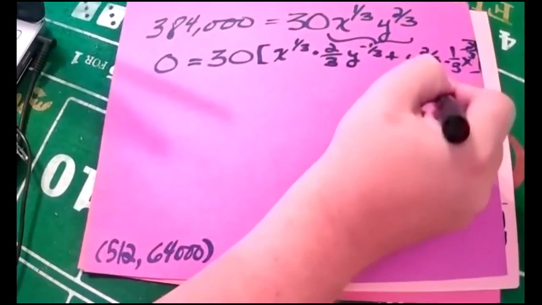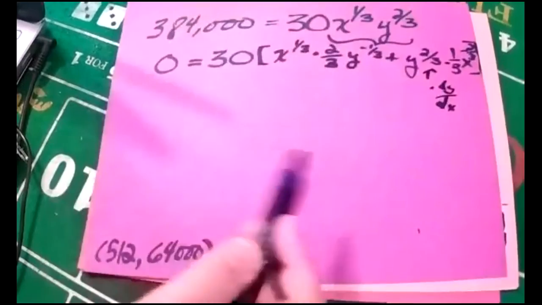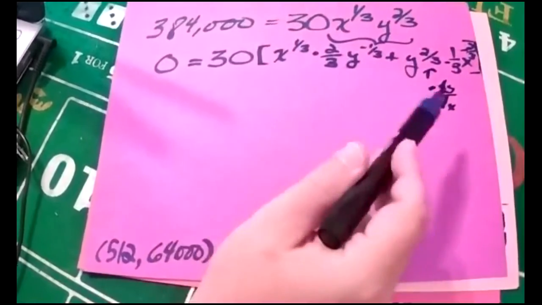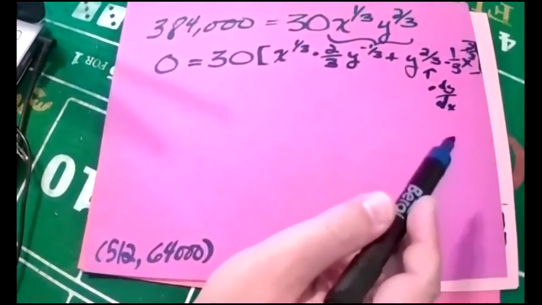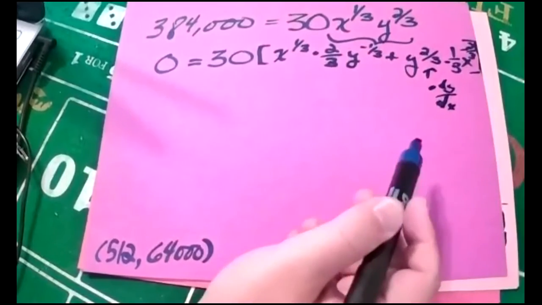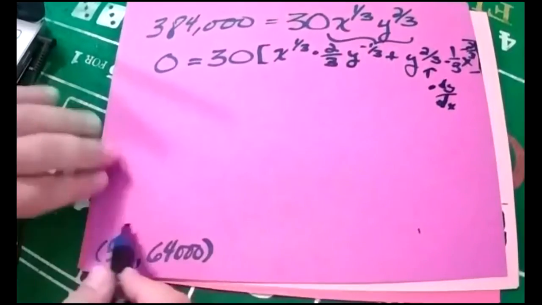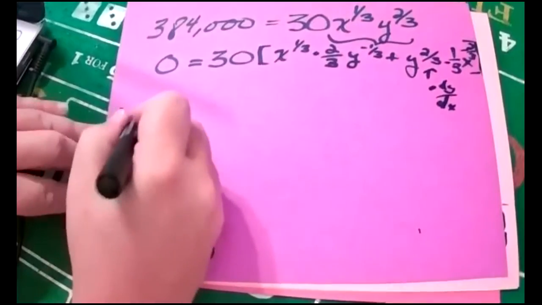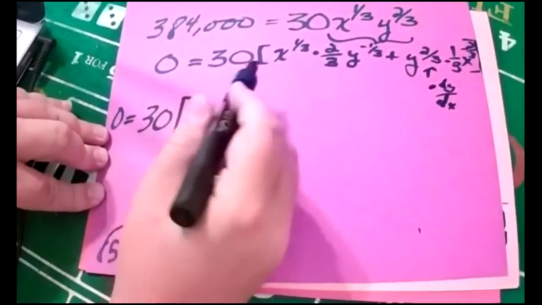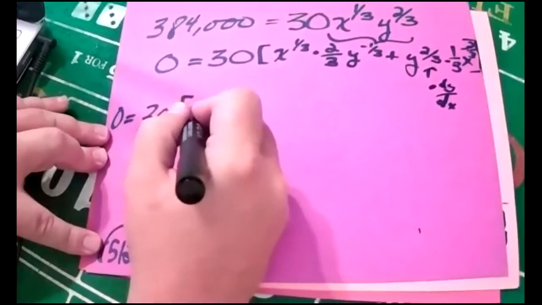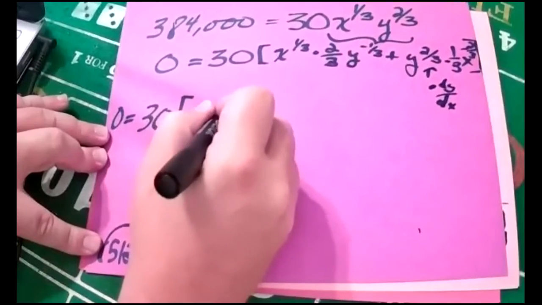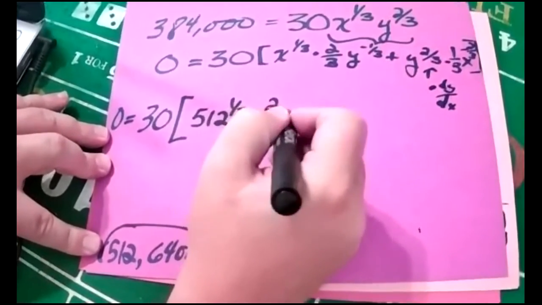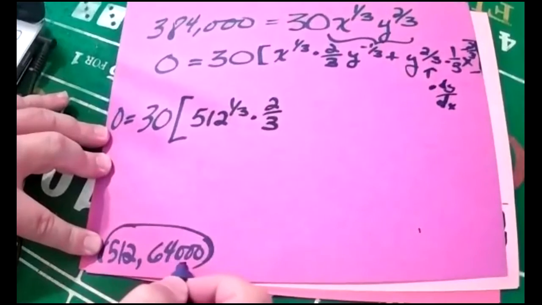Now, one way you could do this to make it easier on yourself, especially considering there are all these nasty negative exponents, is don't solve it for dy dx. Instead, go straight in with this particular point right here and see what you get. In other words, write 0 equals 30 times, and now x is 512, and then times 2/3, and y is 64,000.